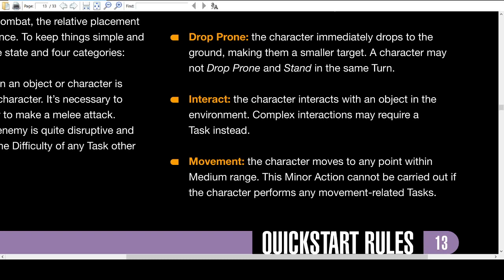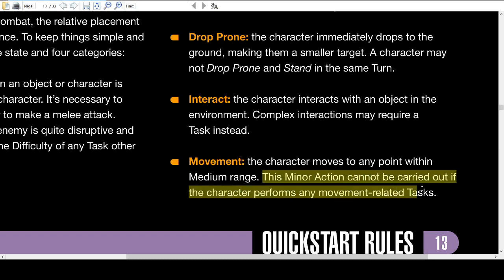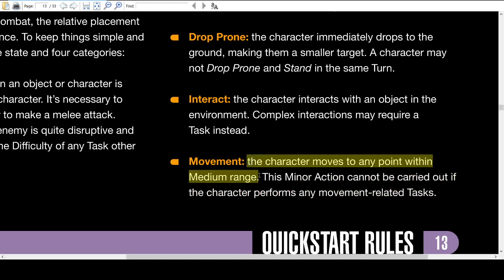Alright, movement. The character moves to any point within medium range. This minor action cannot be carried out if the character performs any movement related task. Okay, so there is one limitation here, that if you've already performed a movement related task within that turn, you cannot then move again with the movement minor action.